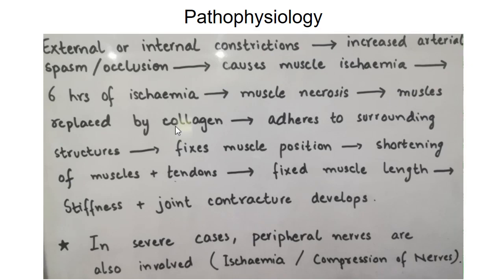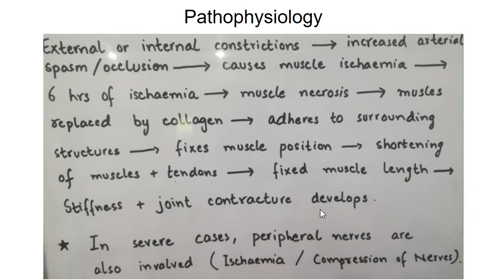The muscles are then replaced by collagen. These muscles also adhere to the surrounding structures. The muscle length and the tendon length is shortened and fixed. This shortening of the muscle and tendon also causes the overall shortening of the limb and stiffness of the muscles and joints, and the contracture develops.